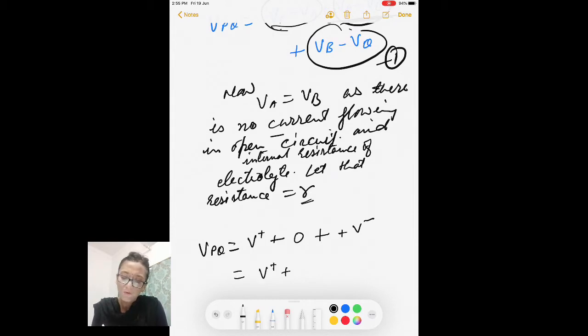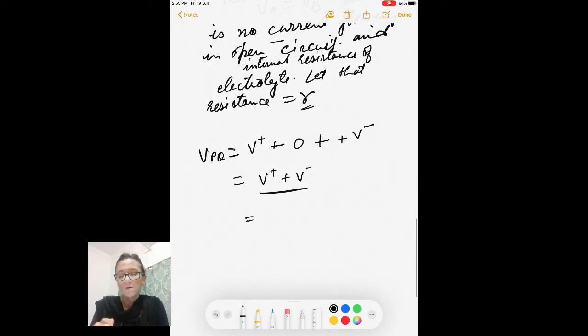So it comes equal to V plus plus V minus, and this is equal to E, that is called EMF, electromotive force.